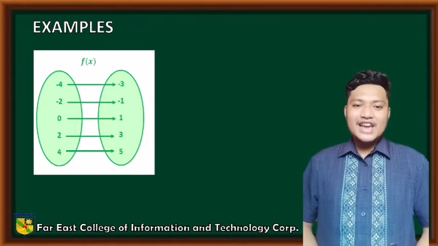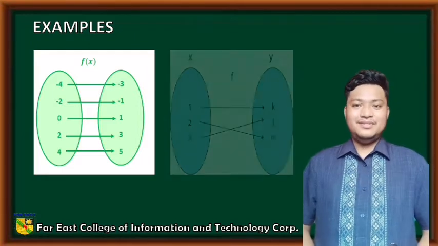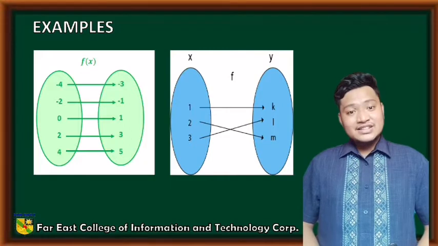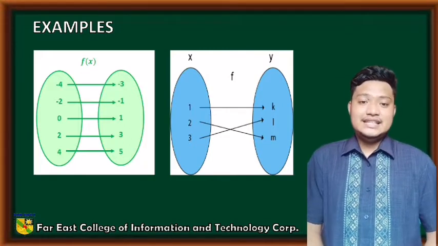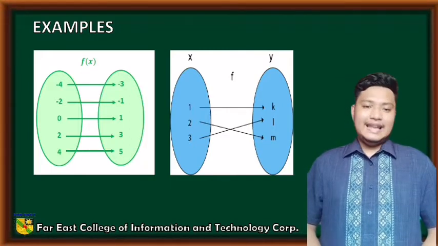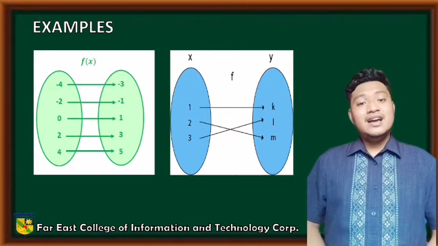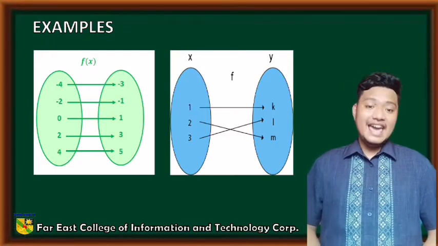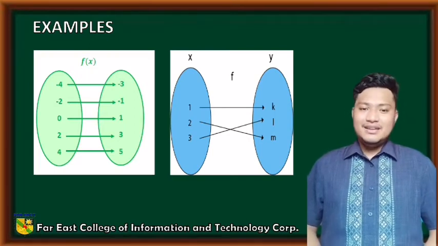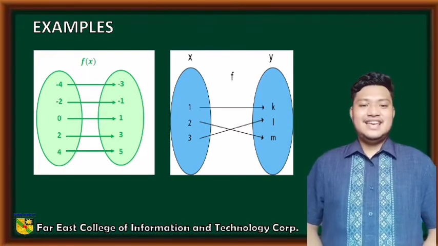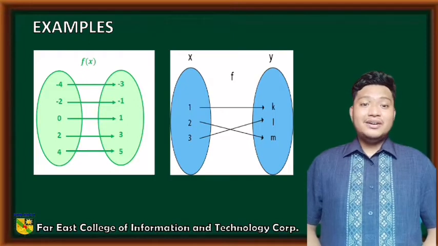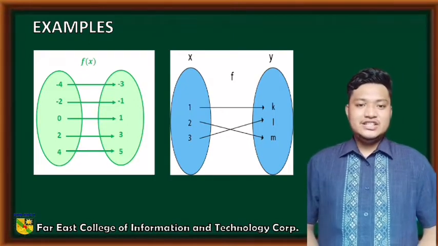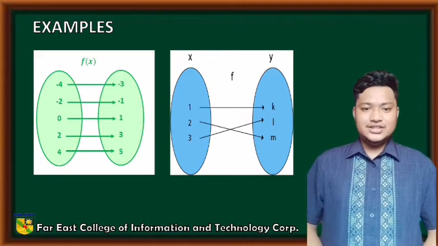Okay, let's take the second example. The first set, x, is 1, 2, 3. And on the other hand, the elements of y are k, l, m. Both sets have unique elements, and they correspond or are related to each other. So it is also a function.